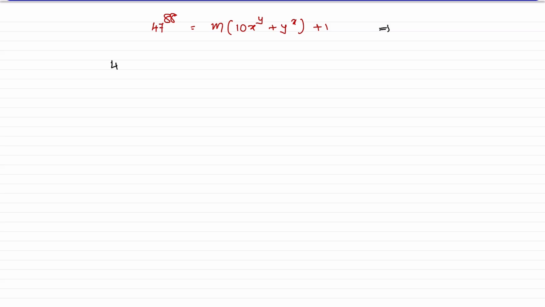That is 47 to the power of 88 minus 1 is equal to m into 10 x to the power of y plus y to the power of x. Here it looks like resembling Fermat theorem equation.